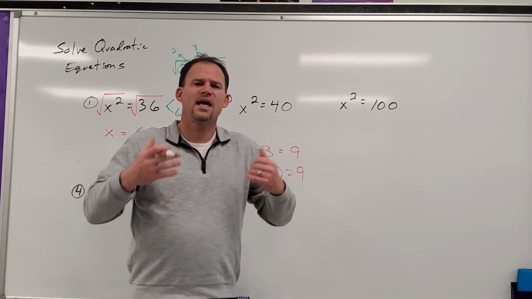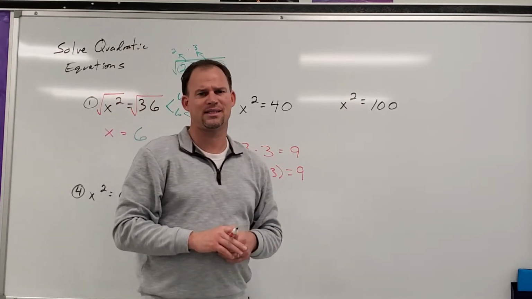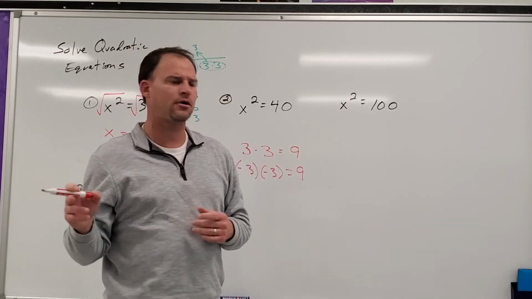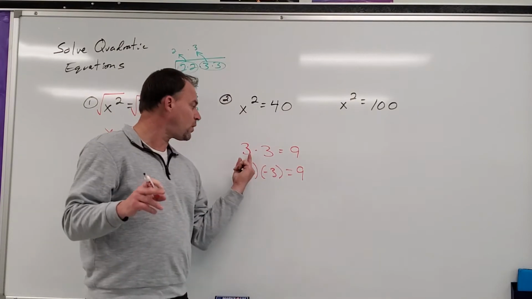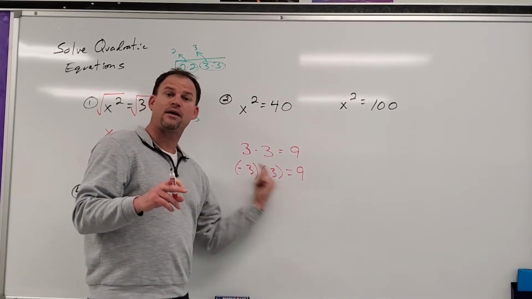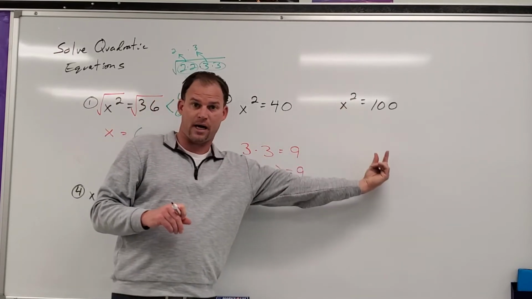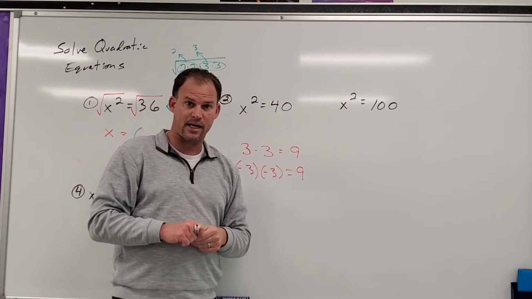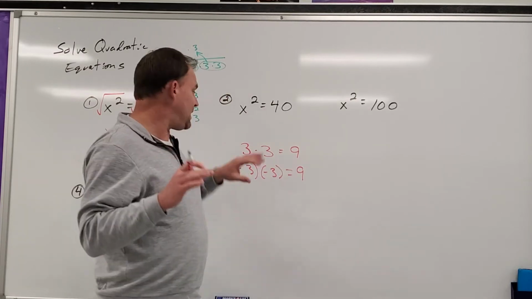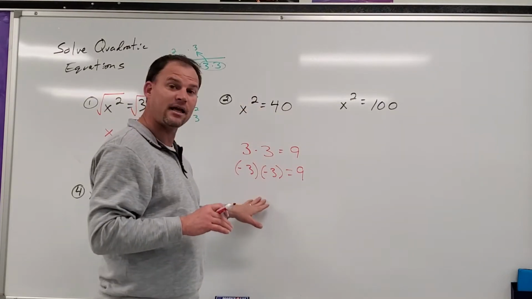So, if I'm working backwards and I say what two numbers that are exactly the same multiply together to be 9, I don't know if it's positive 3 times positive 3 or negative 3 times negative 3. Both of them work here. They both equal positive 9. Two different ways I can get that answer, because the positives do it and the negatives do it.